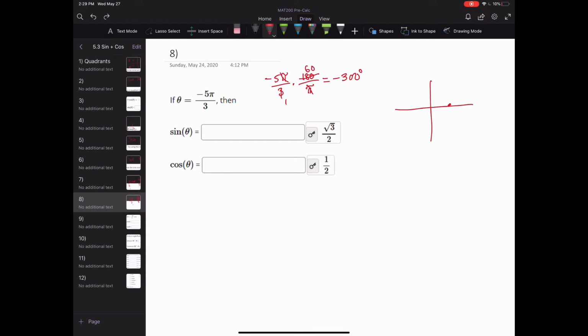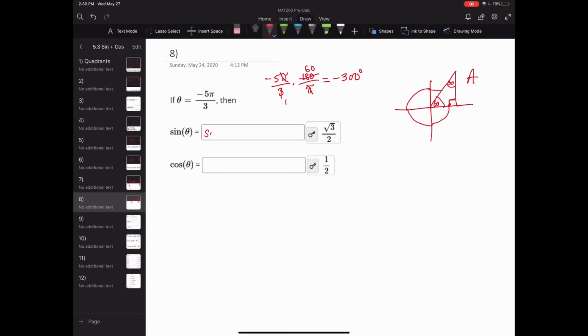Nope, negative means we're going to go in the other direction. So this is not negative 90, negative 180, negative 270, negative 300 lies somewhere here. So if that's 300, then the remaining to come back to the start would be 60. So the reference angle is 60. So that means this angle is 30, that angle is 90. And it's in the quadrant where they're all positive.